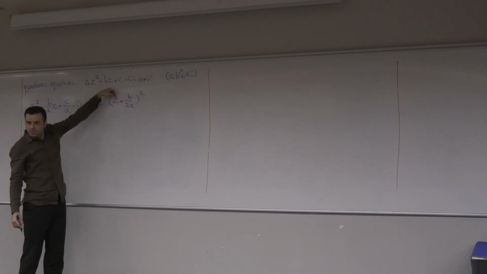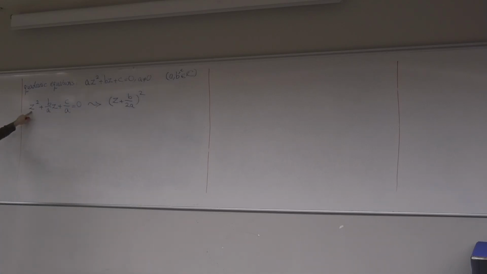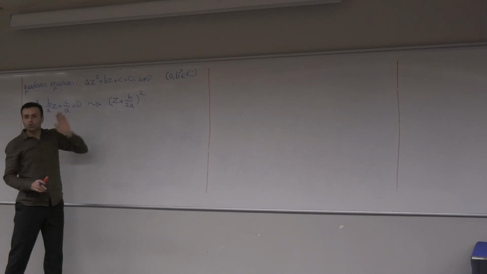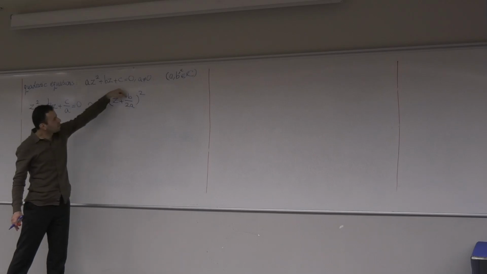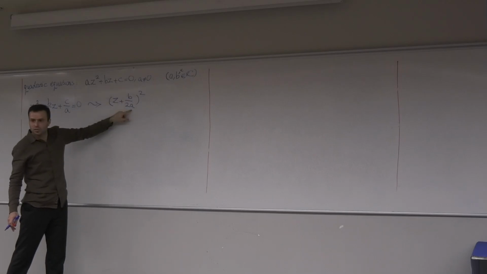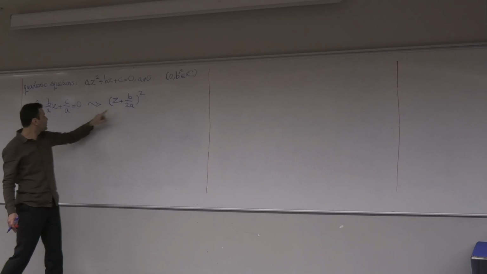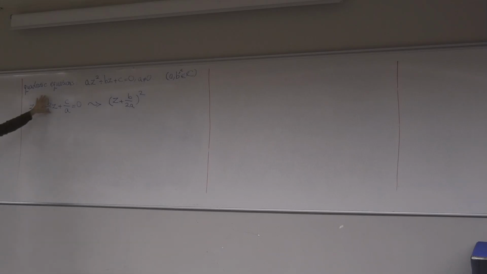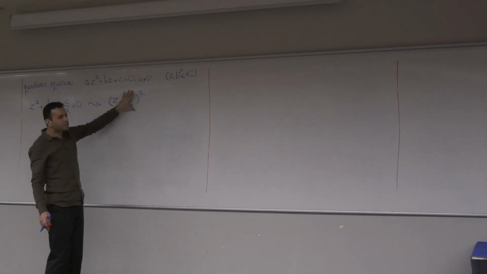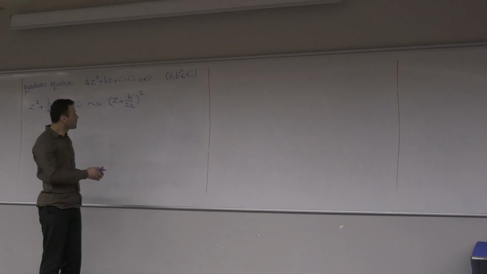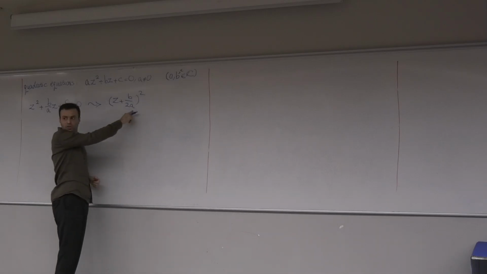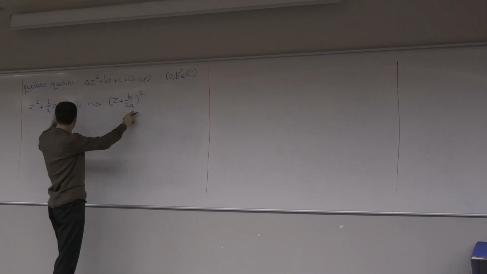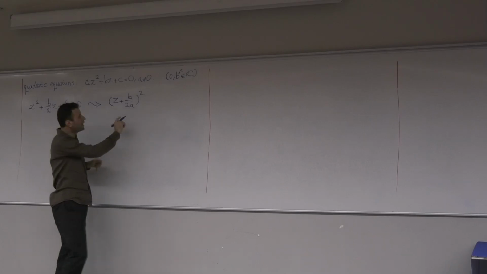This will be z^2, which I have here. Then it will be 2 times the first one times the second one. And what will that be? 2 times z times b/2a. It is going to be (b/a) times z, which means that I have also this one. And what we will have as an extra is b^2 divided by 4a^2. Do we have it here? No, we do not have it here.